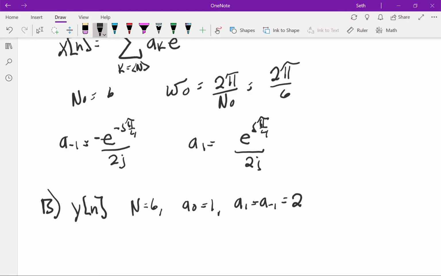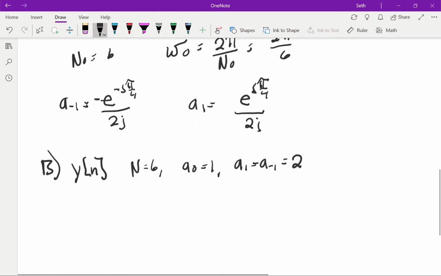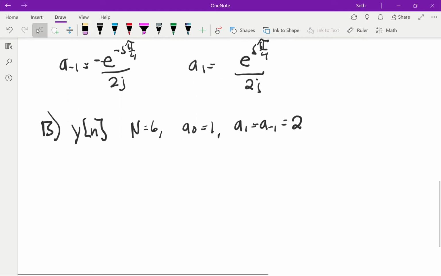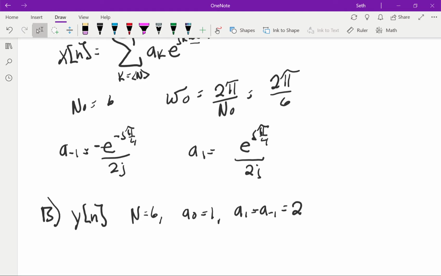So that means all of the other Fourier coefficients are 0, of course. And it's the same for part A as well.